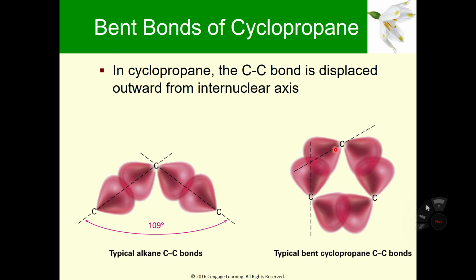These two orbitals overlap, not in a line; they are bent. So the carbon-carbon bond in cyclopropane is a bent bond like this, not perfectly linear, because of the requirement of 109 degrees for sp3 hybrid orbitals of the carbon in cyclopropane. Okay.